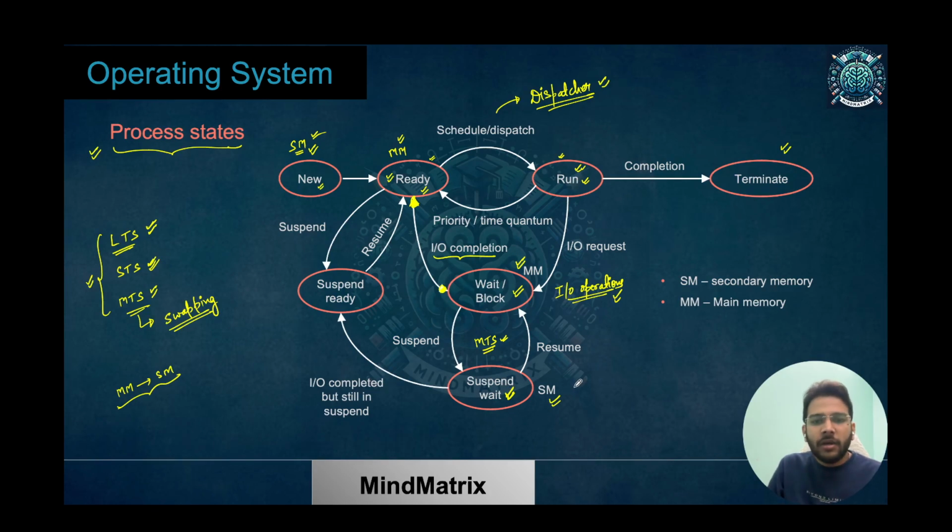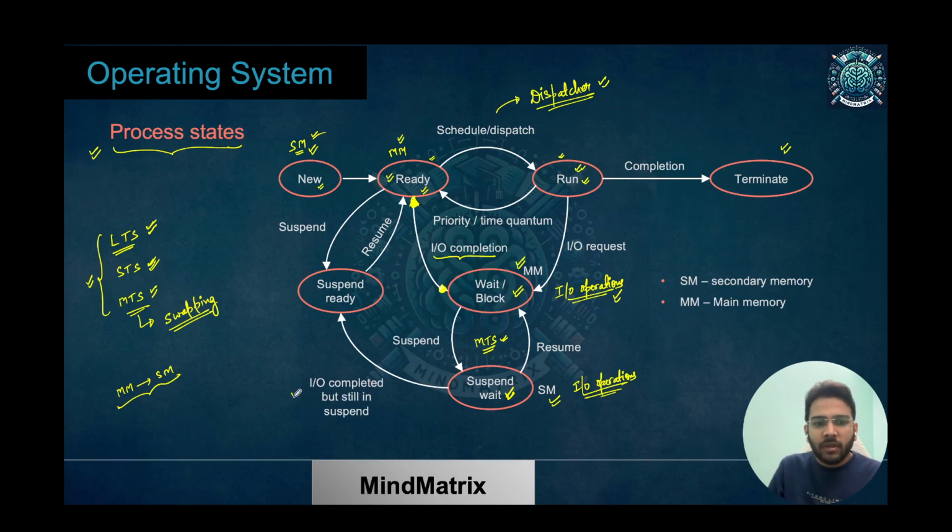And now your process can perform input output operation here as well. It's not mandatory that a process has to be in the main memory, then only it can perform input output operation. No, when it is in the secondary memory, then also it can perform input output operation.